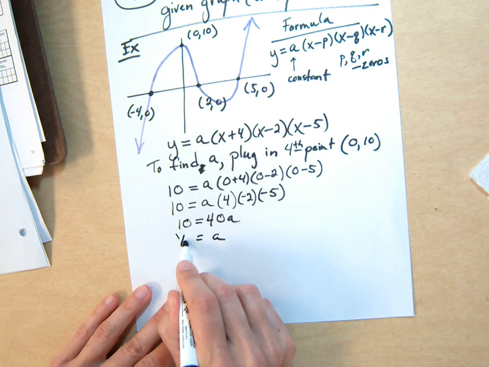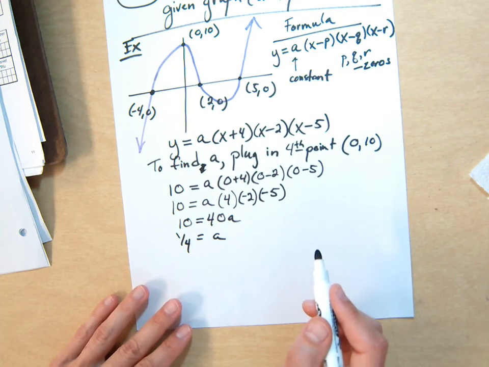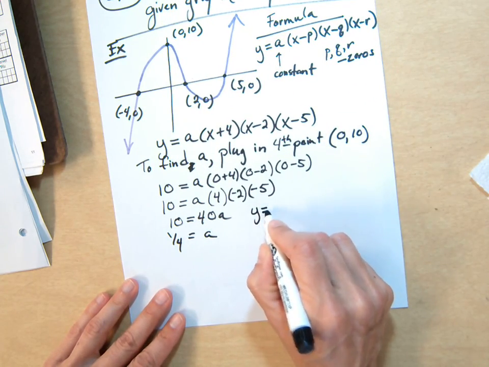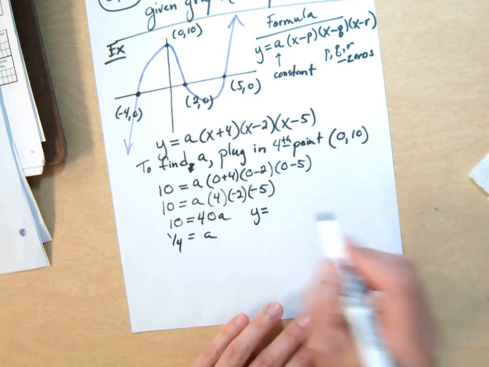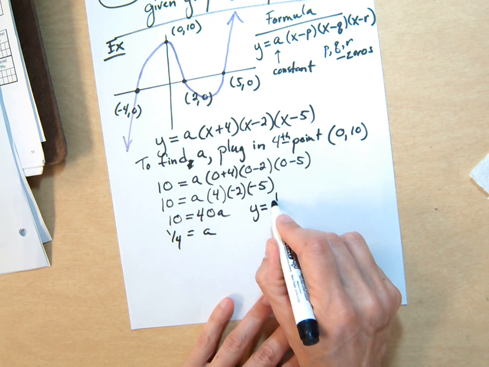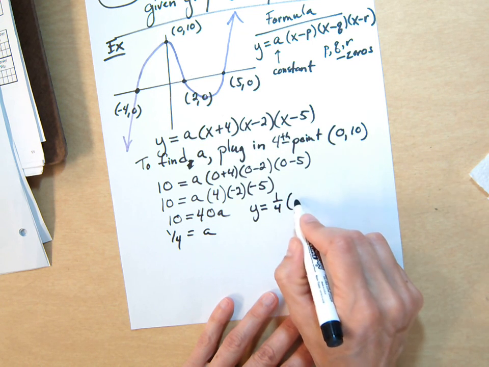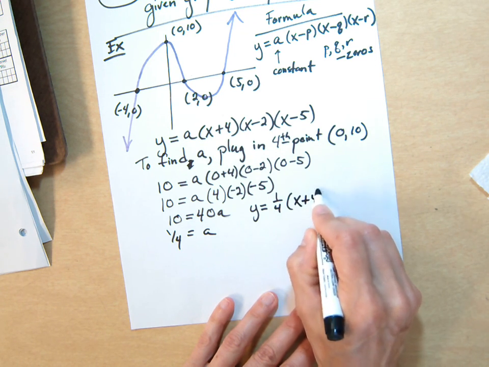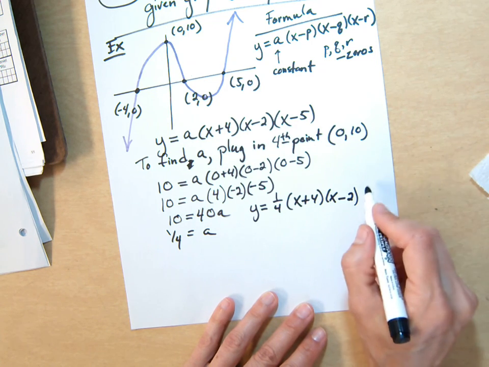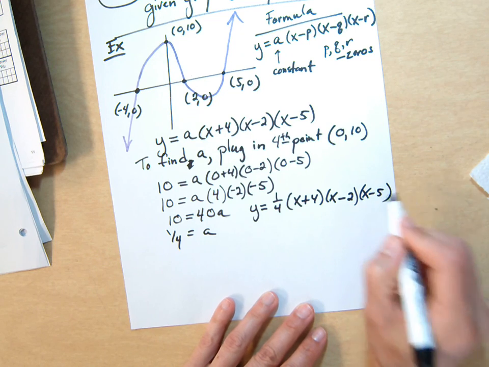So it's 1/4. 10 over 40 is 1/4. So if I said, write your answer in intercept form, this would be the final answer. Y equals, you tell me, y equals 1/4 times, perfect, thank you, Hannah. That would be it.